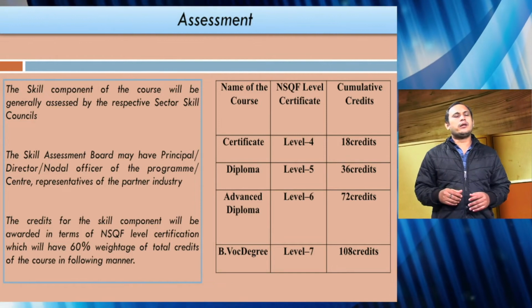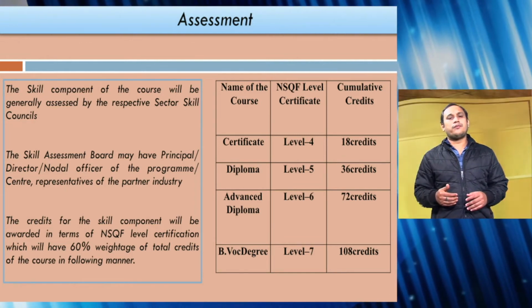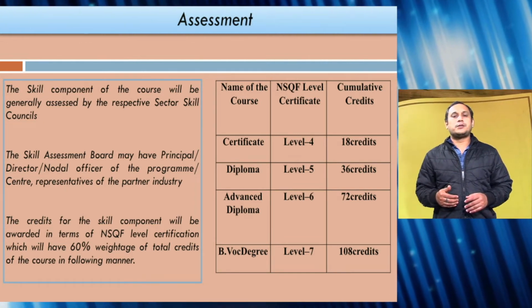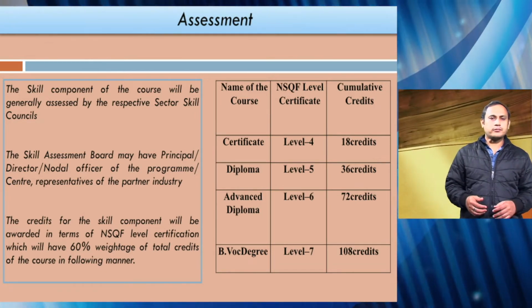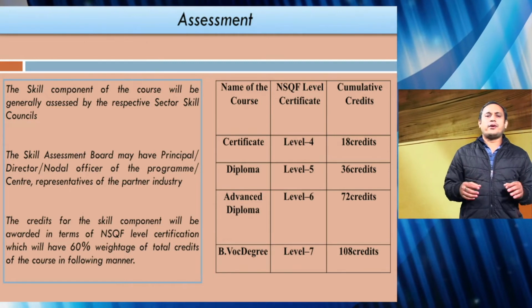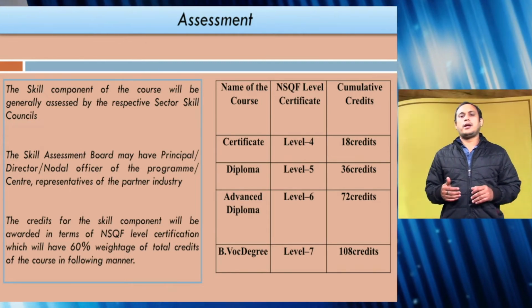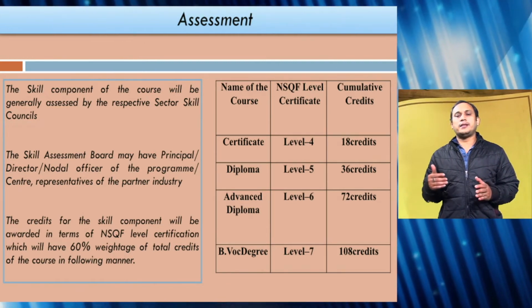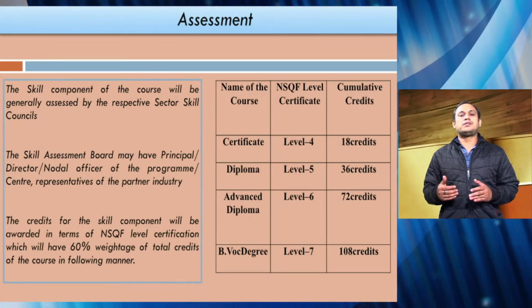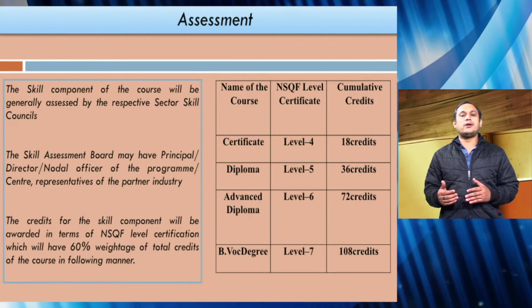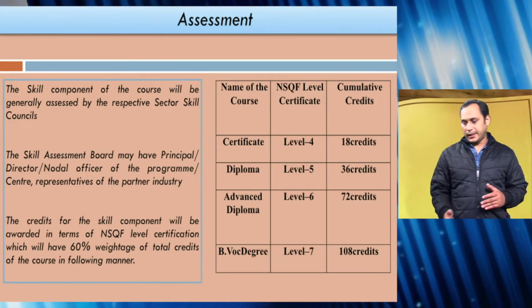It may also issue a joint certificate for the courses with the respective sector specific council. Now, the credit for the skill component will be awarded in terms of NSQF level certification, which will have 60% weightage of the total credit of the course in the following manner.